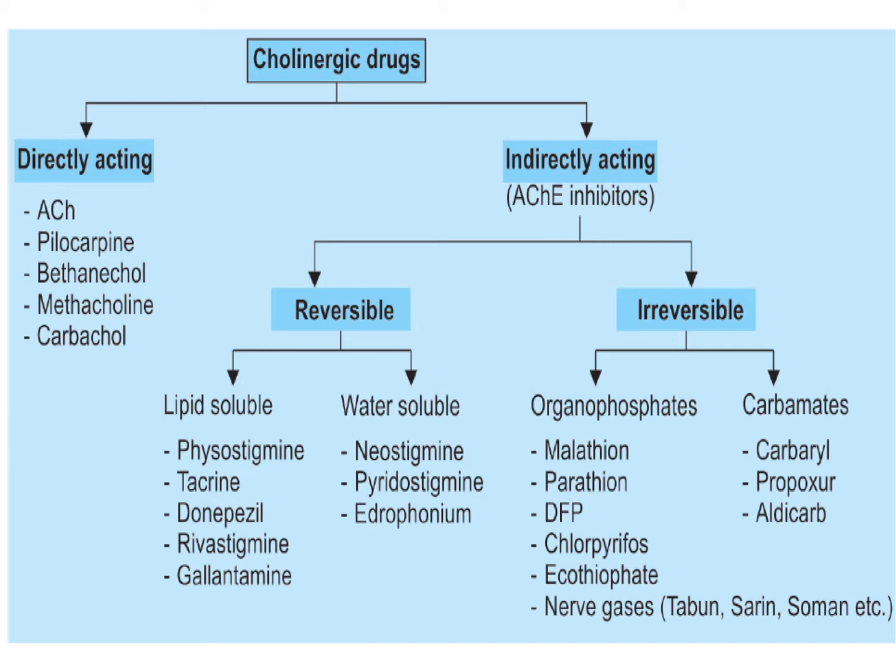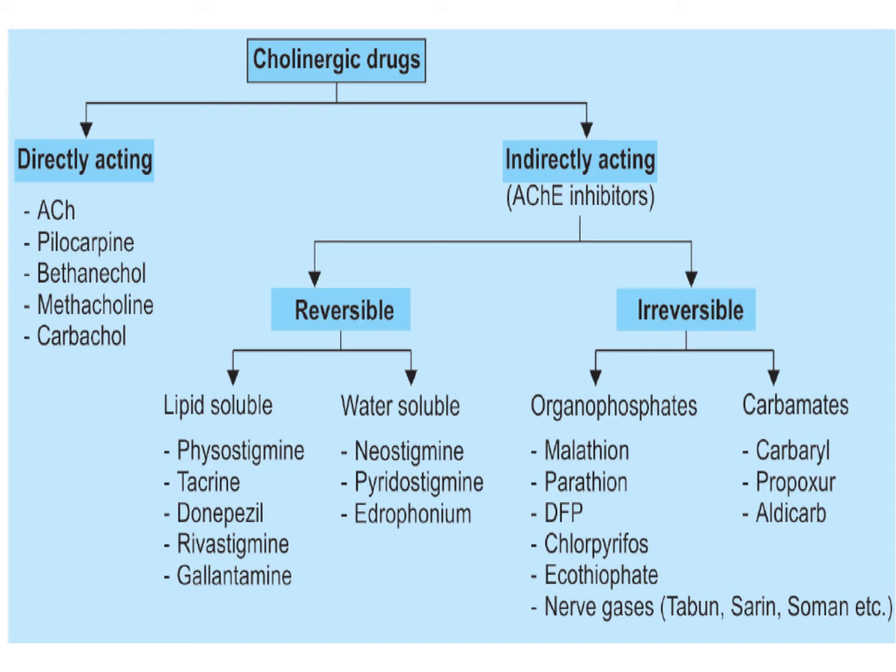So we have the directly and indirectly acting cholinergic drugs. In directly acting cholinergic drugs, we have acetylcholine, pilocarpine, bethanechol, methacholine, and carbachol. And the indirectly acting ones are the acetylcholinesterase inhibitors, which are either reversible or irreversible. The reversible ones are either lipid soluble or water soluble. So physostigmine, tacrine, donepezil, rivastigmine, and galantamine are the lipid soluble reversible anticholinesterase inhibitors, and neostigmine, pyridostigmine, edrophonium are the water soluble ones.